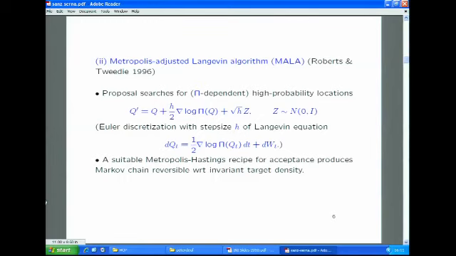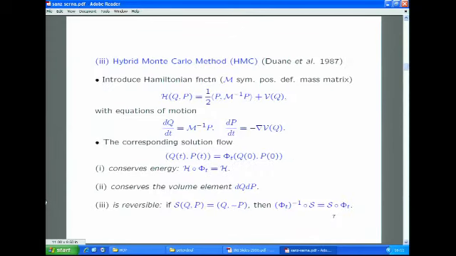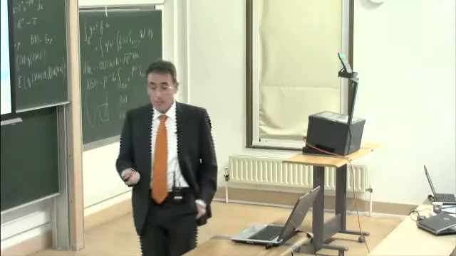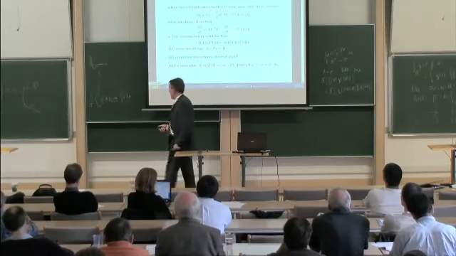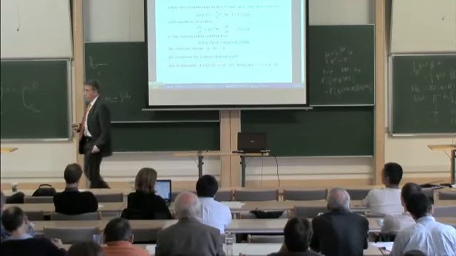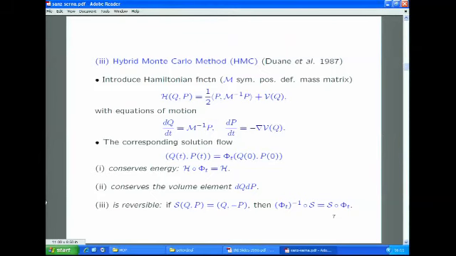So the third and last method I'm going to consider in this talk is the hybrid Monte Carlo method. This was introduced by Duane and his co-workers in 1987 and is widely used in molecular dynamics and other applications in physics and chemistry.